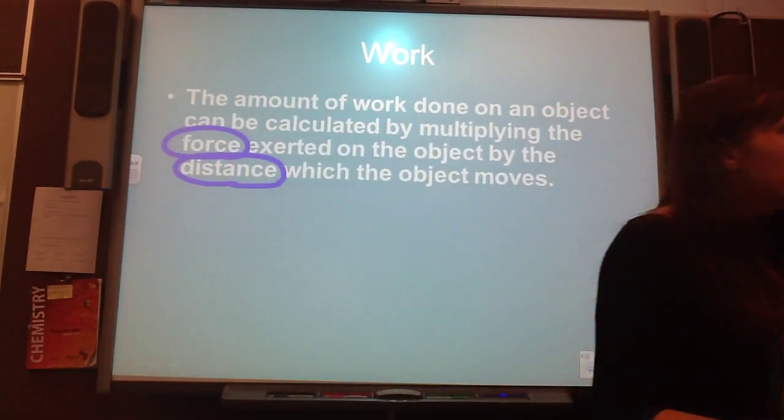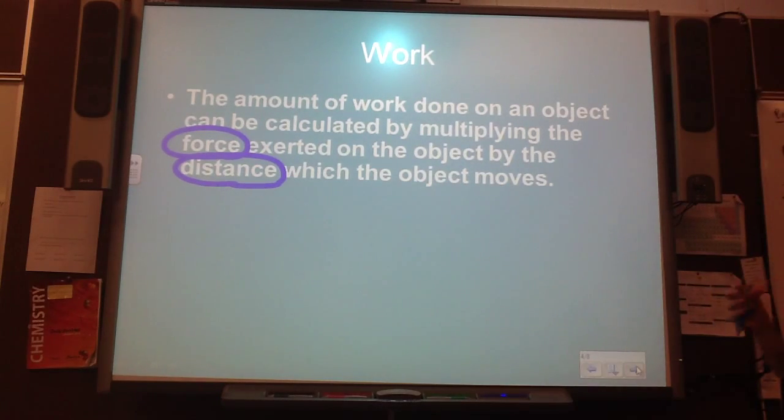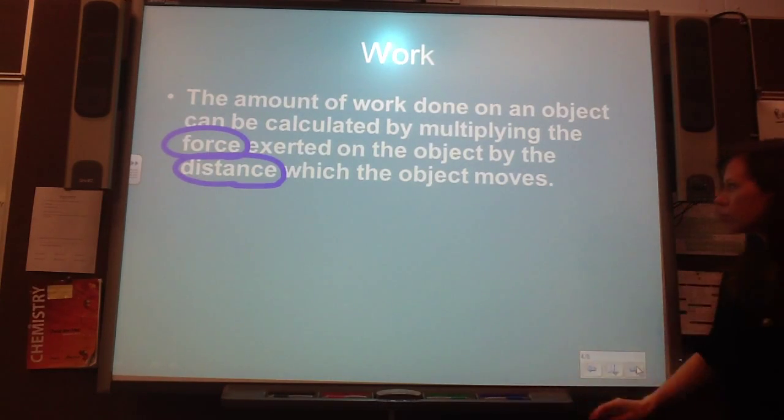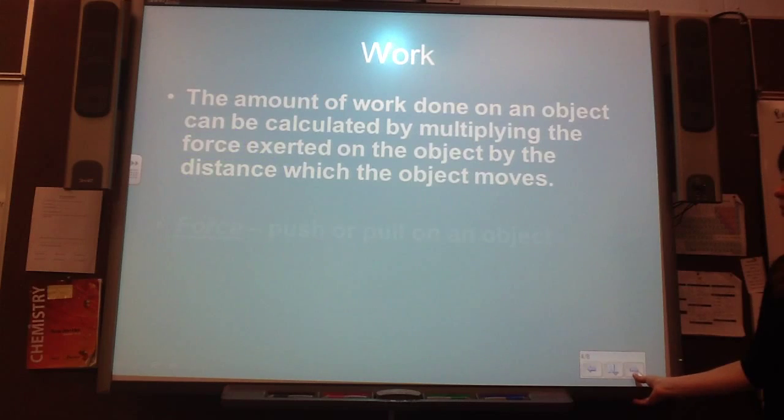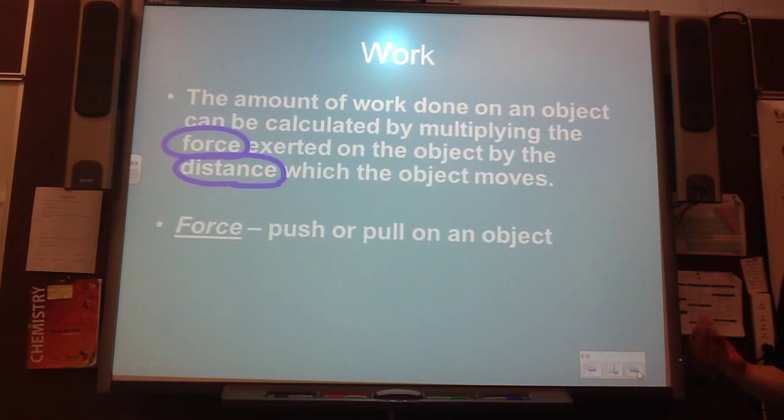So the force and the distance is what we're looking at. A force is anything that gives a push or a pull on an object. So force is a push or pull on an object.